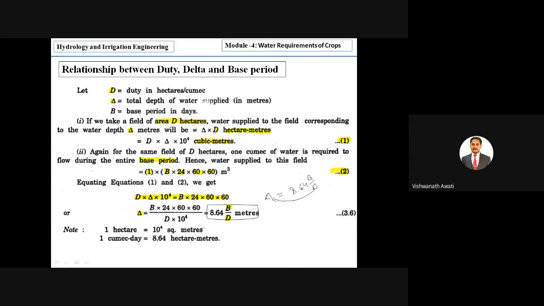And these are the conversions: 1 hectare equals 10 to the power 4 square meters, and 1 cumec per day equals 8.64 hectare-meters. Why did we convert this? Because we require it in terms of hectare-meters, right?